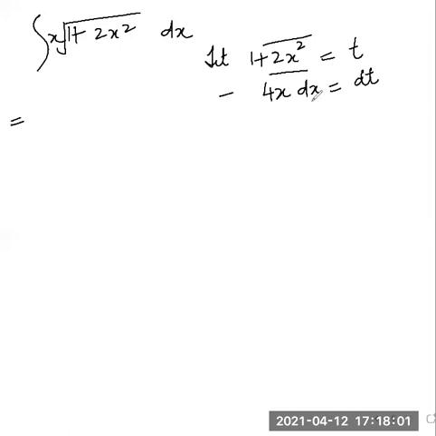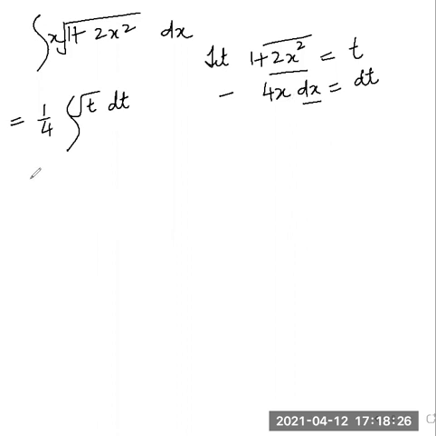So dx is equal to dt by 4x. Am I right? Yes sir. dt by 4x, and x will cancel. So this will be 1 by 4 integral of under root t dt. Is it right? Do you agree?